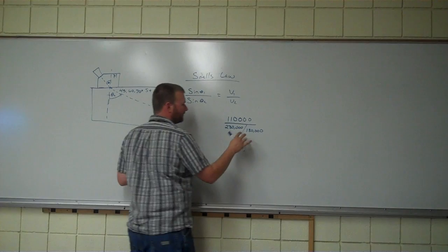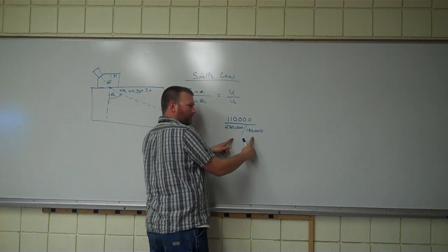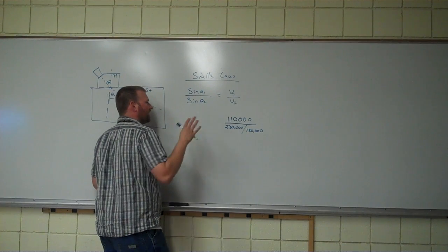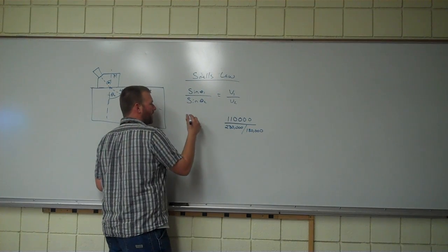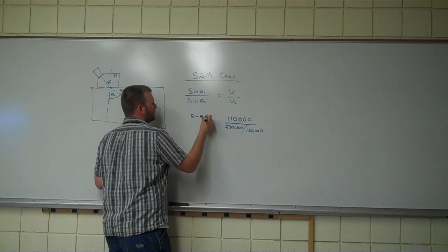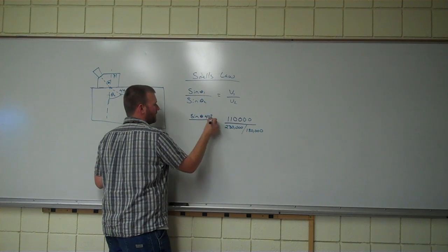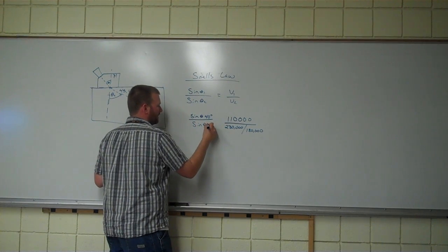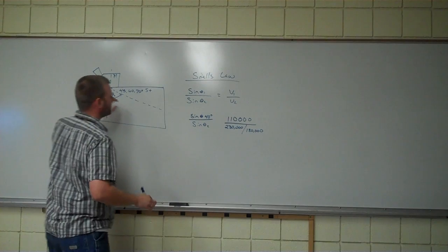Now don't get this confused. I'm actually writing two different problems here, but I'm just condensing space. We have an incident wave coming in at about 40 degrees, and we want to know what the resultant wave is going to be in the steel.